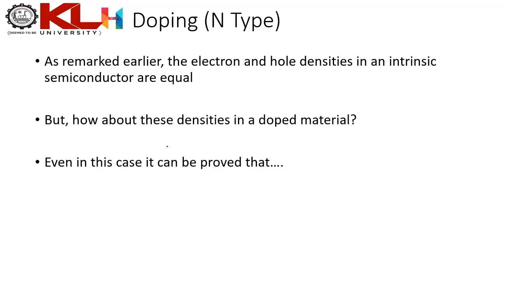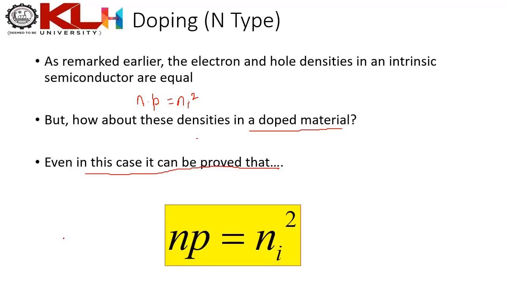Now we have seen in the earlier slide that the product of electron and hole densities, that is n into p, was equal to ni square. Now I am curious to know about these densities in a doped material. Now I have a silicon that has been doped with a pentavalent impurity. Even in this case, it is proved that the electron and hole densities, n into p, actually equal ni square.